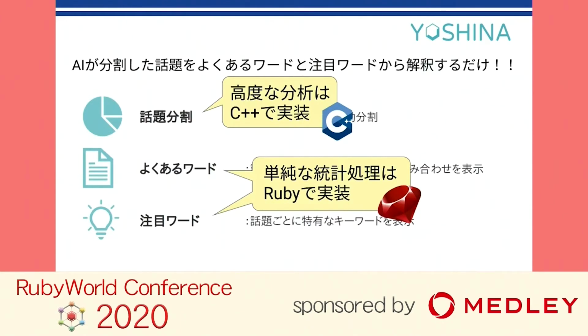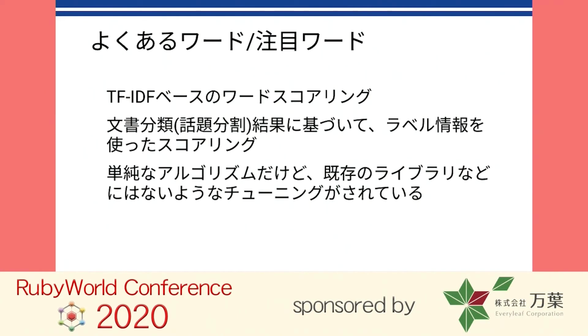So among the algorithms, the speed-critical part is done by C++. If the task is simple and can be done by Ruby, we select Ruby. So the frequent and popular words are implemented in Ruby.